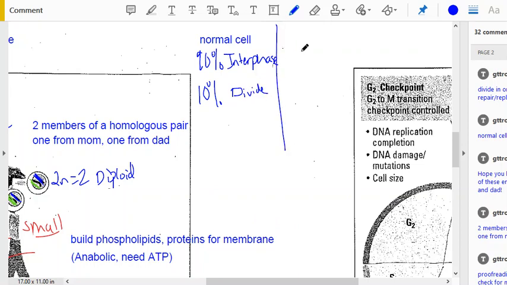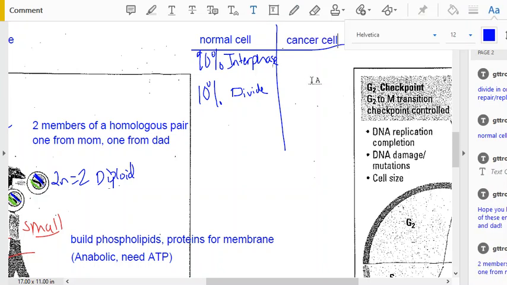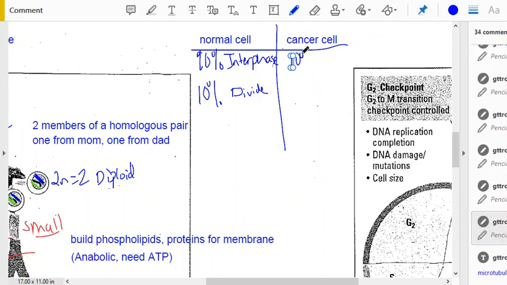If you accrue mutations and that impacts how the cell divides, and you have a cancer cell, these numbers are essentially flipped. 10% of the time you're doing your job, you're in interphase, and 90% of the time you're dividing. Right? And this is bad for two reasons.